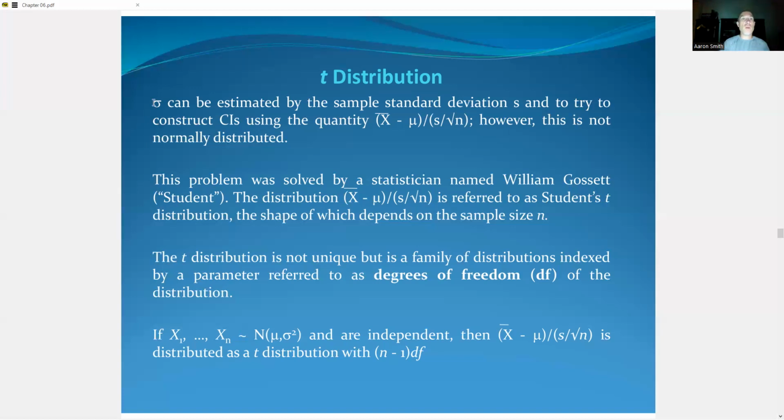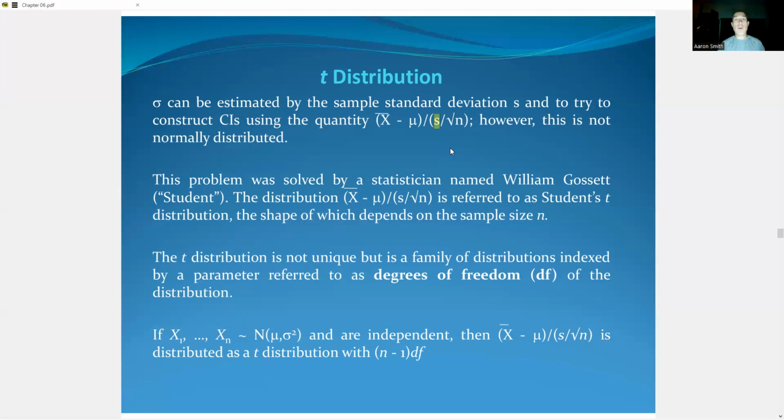All right, so sigma can be estimated by the sample standard deviation S, and we can go through and compute this value. Now, there's something to point out. Here, I'm using data to estimate the mean with X bar, and I'm using the data to estimate the standard deviation with S. So I'm estimating twice in this fraction.